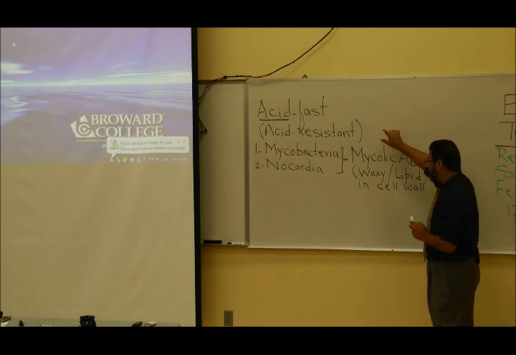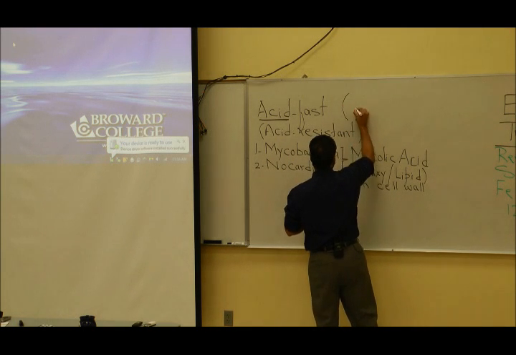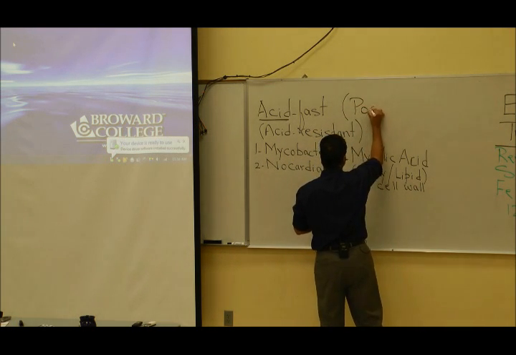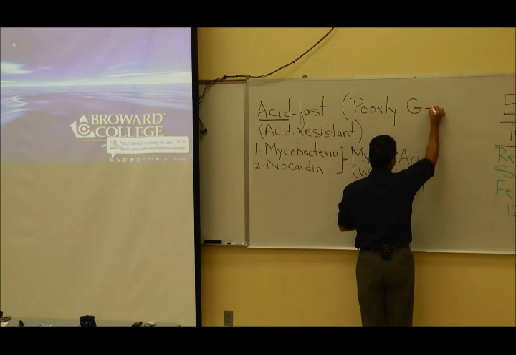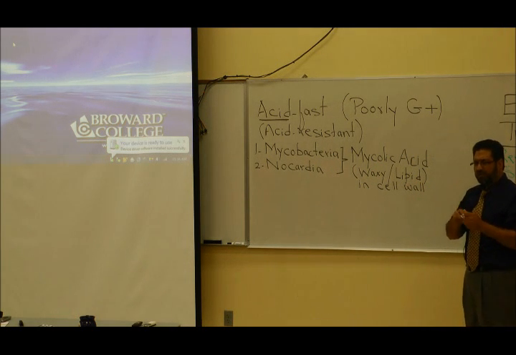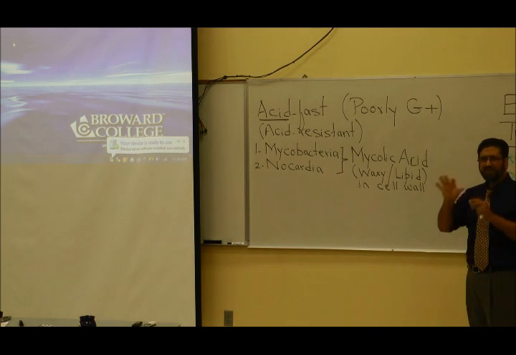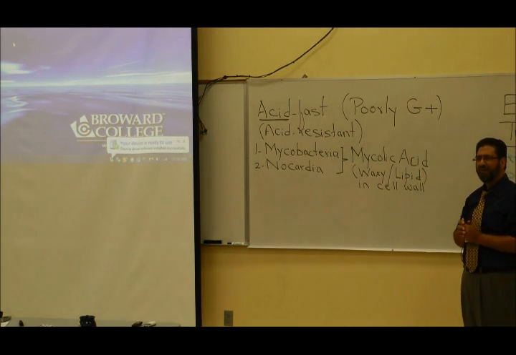So these acid-fast bacteria are sometimes referred to as poorly gram-positive. Why poorly gram-positive? Because they do accept purple color, but it's patchy.